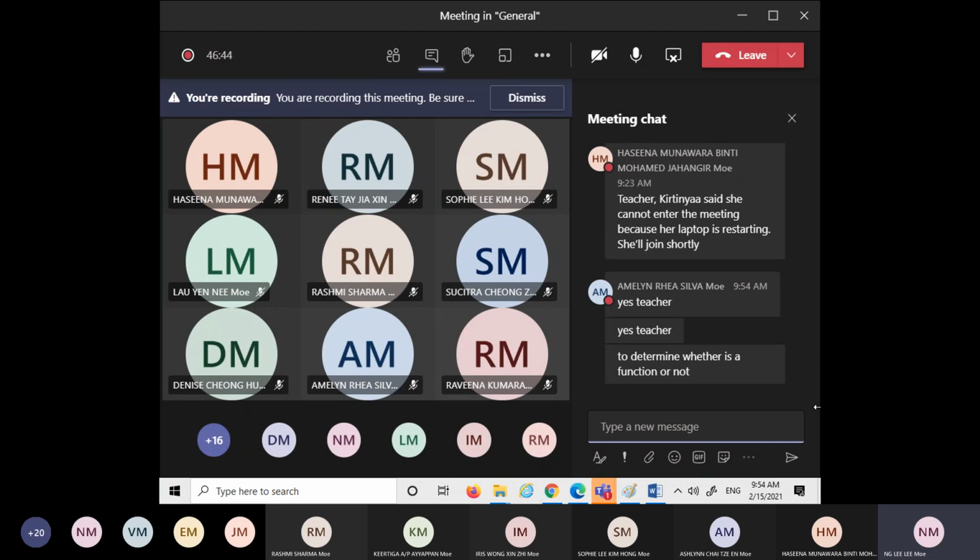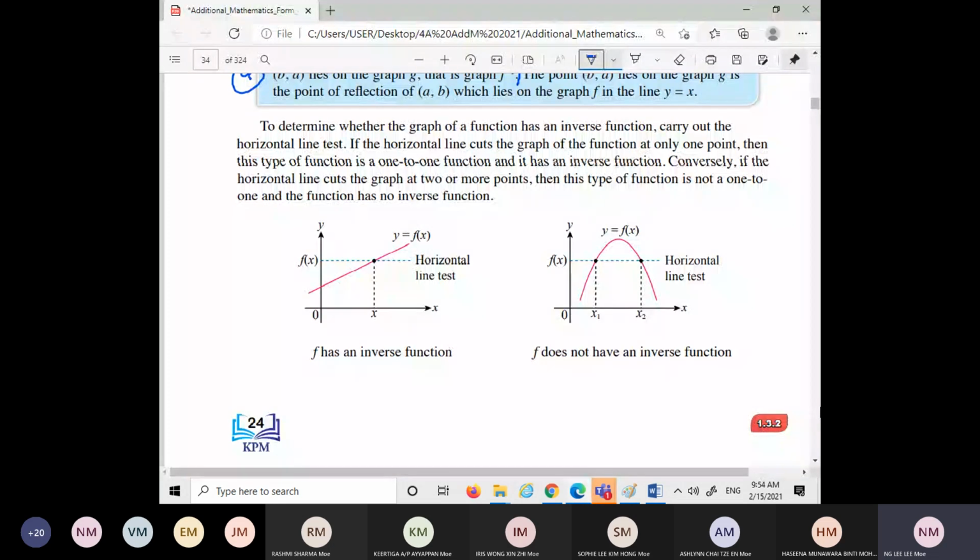Now we have a horizontal line test. Before that, we have the vertical line test, where you test whether the relation given is a function or not. Now we have the horizontal line test. The horizontal line test is to test whether the function has an inverse function or not.